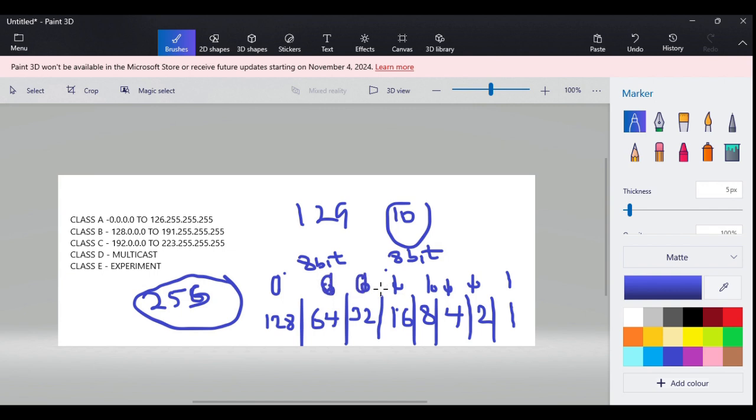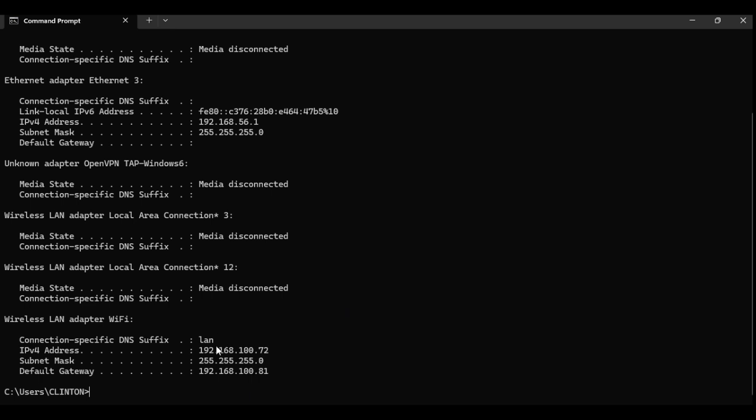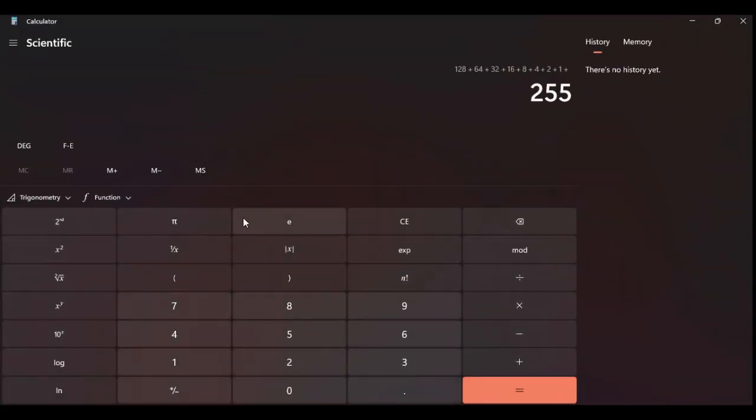That's the last octet of the IP address I'm working with, and right now we are talking about this structure. So I have 2 raised to power 8 to know the possible options that I have.